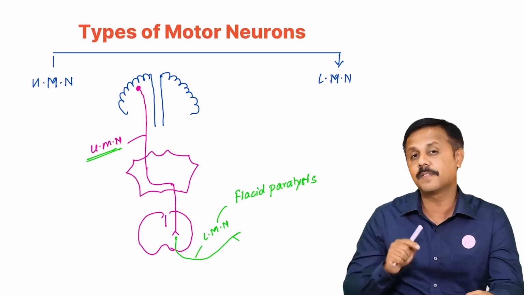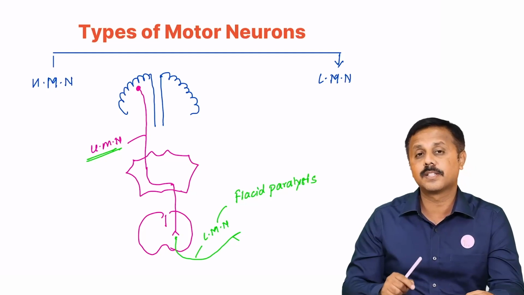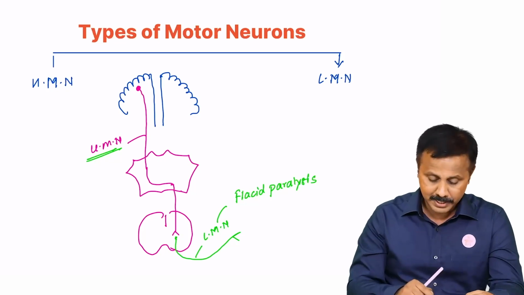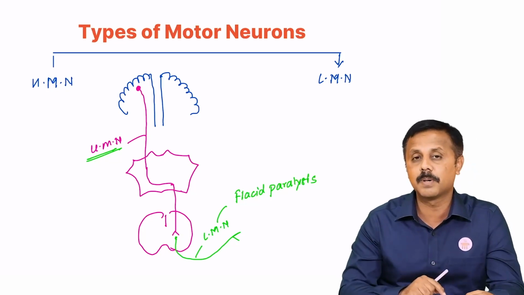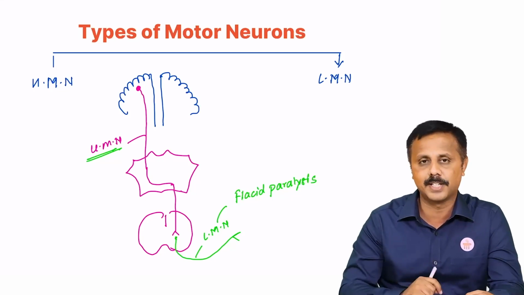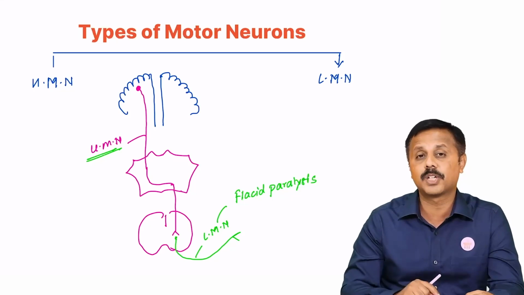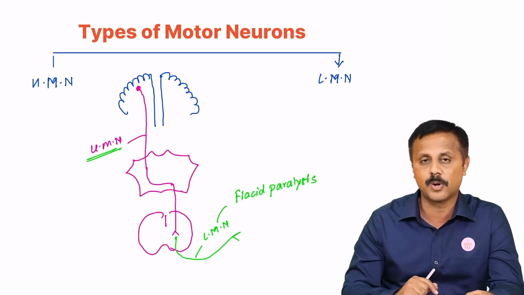So whatever function occurs in the lower motor neuron, it is entirely dependent on the upper motor neurons for their regulation from the higher cortical centers. This is how we classify the neurons as upper motor neuron and lower motor neuron.